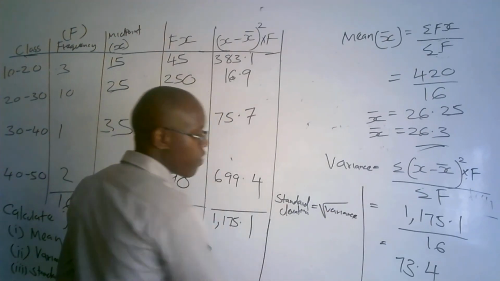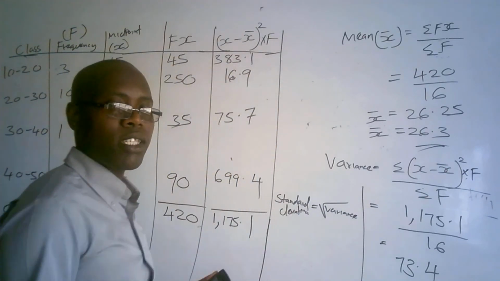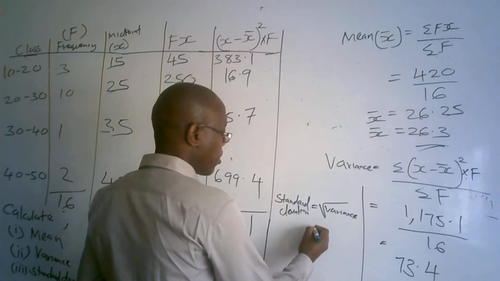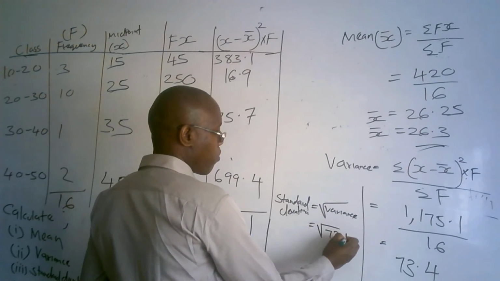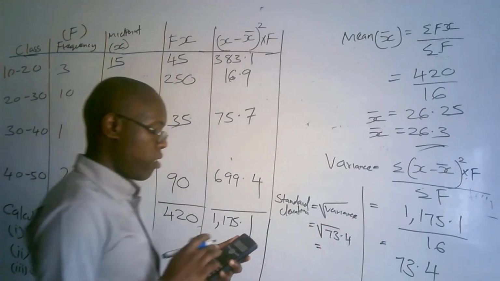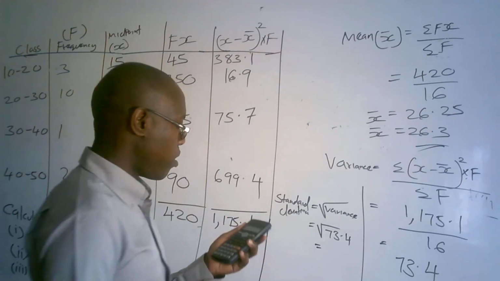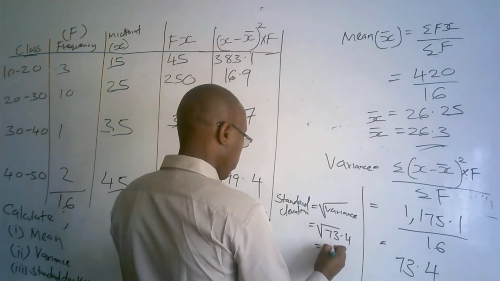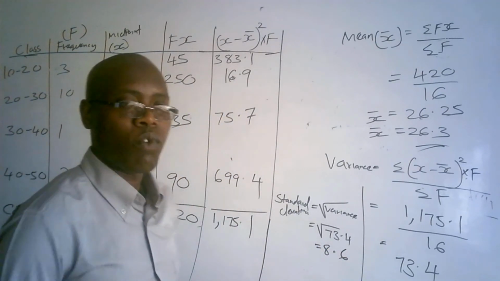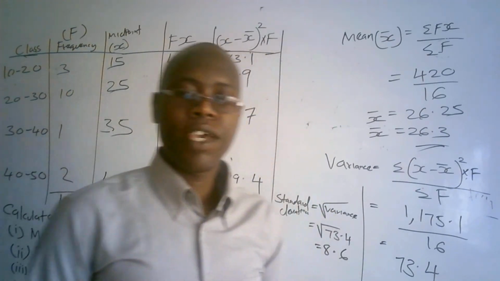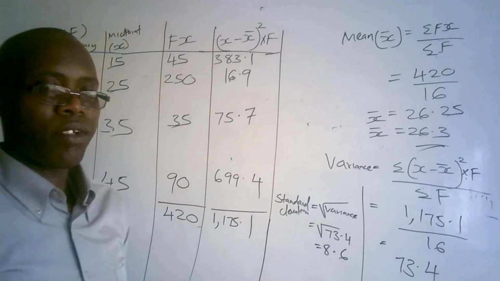So the square root of variance is going to give you the standard deviation. In that case, the variance is 73.4. So the standard deviation here is going to be the square root of 73.4, which at the end of the day is going to give you 8.6. Rounded off to one decimal place, you're going to have 8.6 as your standard deviation.